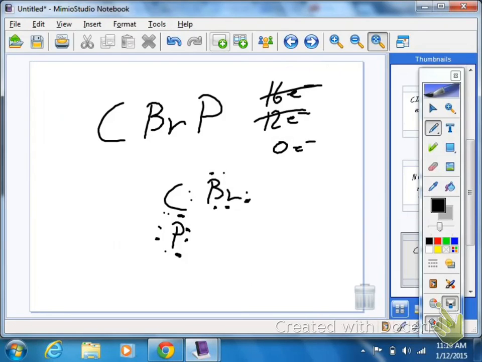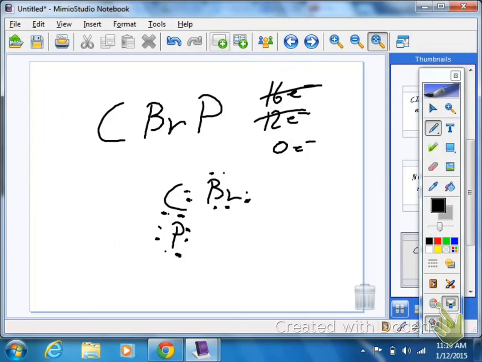Carbon has 4 electrons around it. Okay? So, which one's going to share extra? Can bromine share? No. Phosphorus, it can share how many extra pairs? 3 total, which means 2 extra pairs.